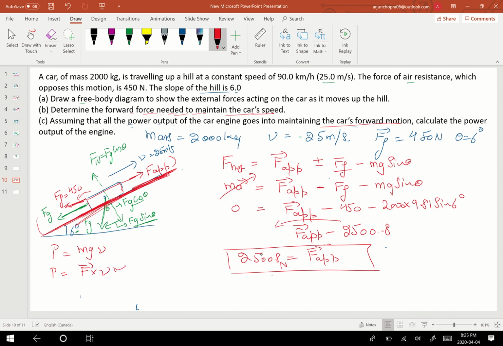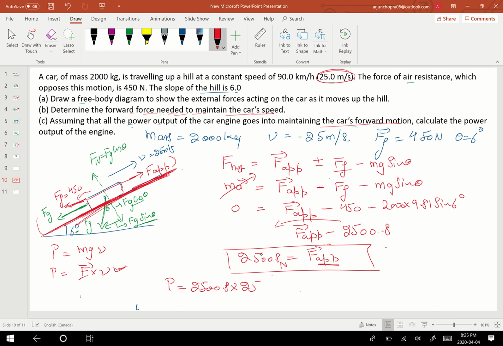I think this formula looks more suitable because I have already calculated the force, and the car is moving with a constant velocity of 25 meters per second, and I wanted to find the power value. So I'll use this formula, power equal to force. How much is the force? 2500.8 times velocity. Velocity value is 25, so I'll multiply this value with 25.